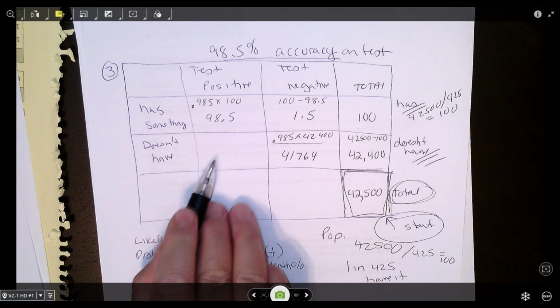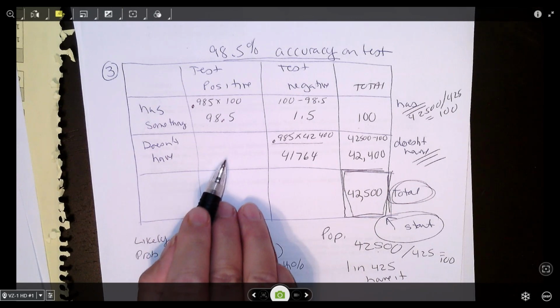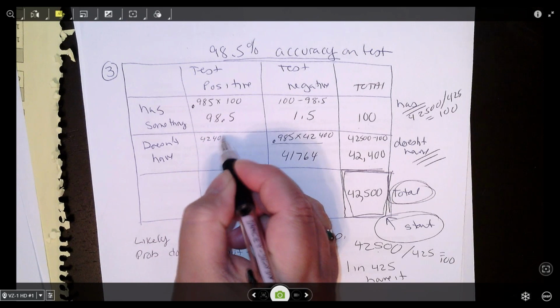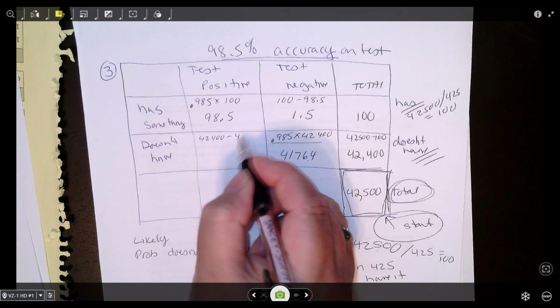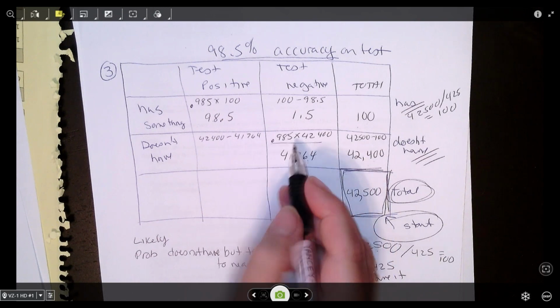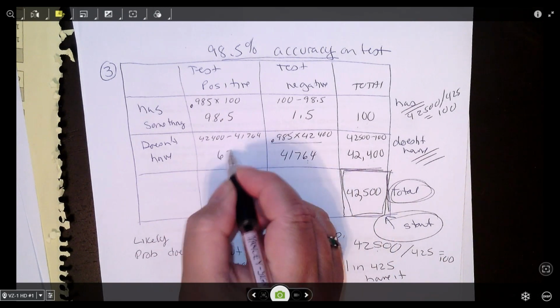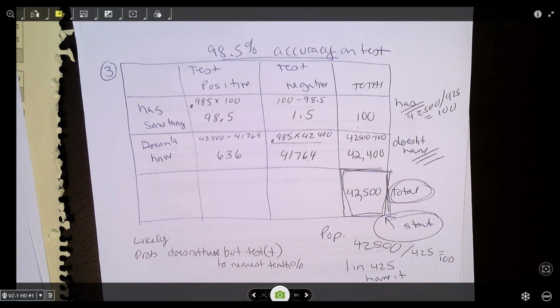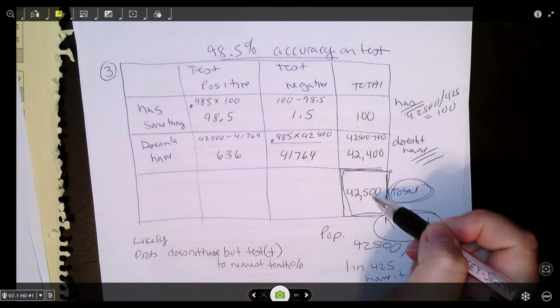Now, how do we fill in this other cell in the row? Well, this is our total. We subtract what we know from the accuracy rate, and we're left with 636.